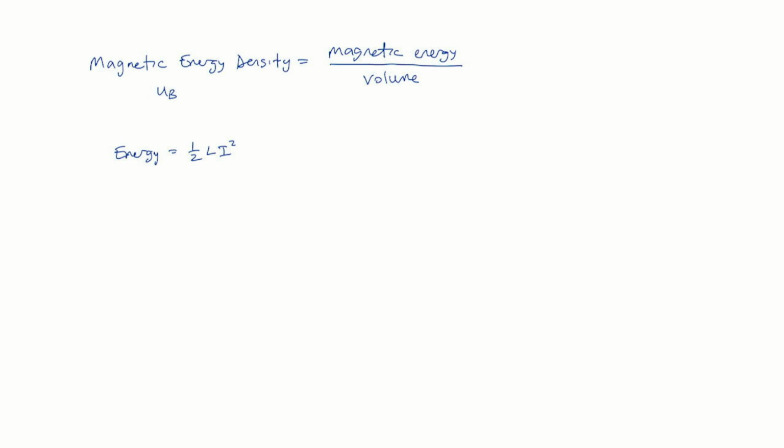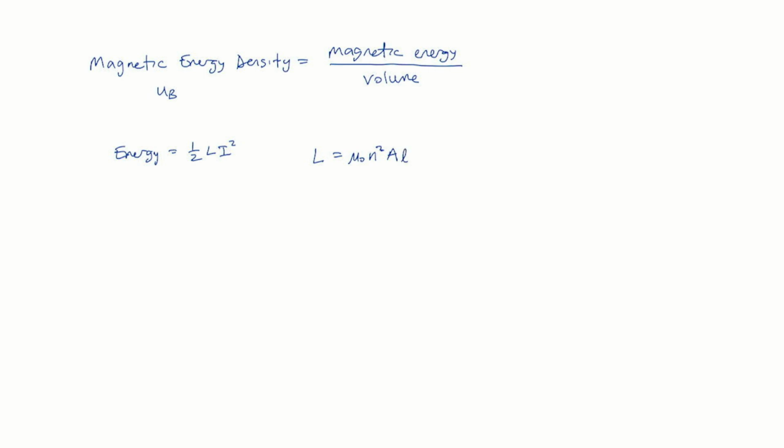Now the inductance of a long solenoid is L equals mu 0 n squared A times l.